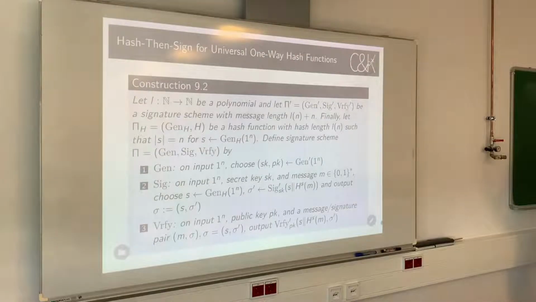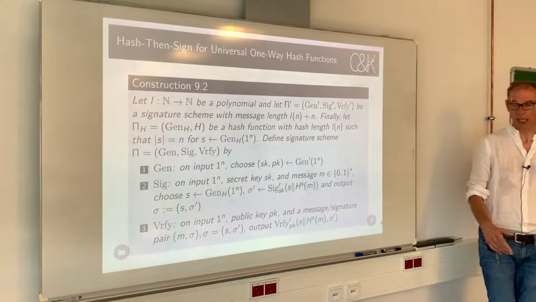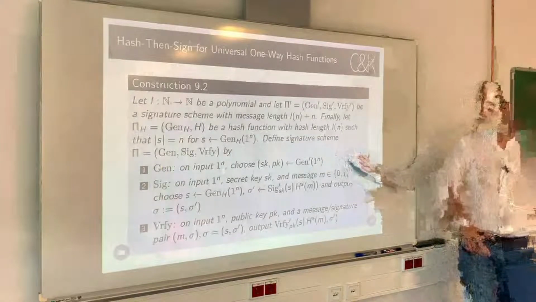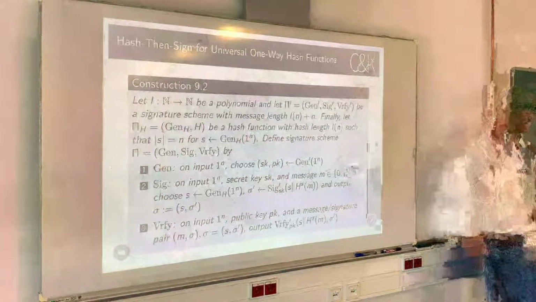So if you compare this to the original hash then sign, in the original hash then sign, the key generation consisted of running the key generation of the original scheme and picking one global key for the hash function.